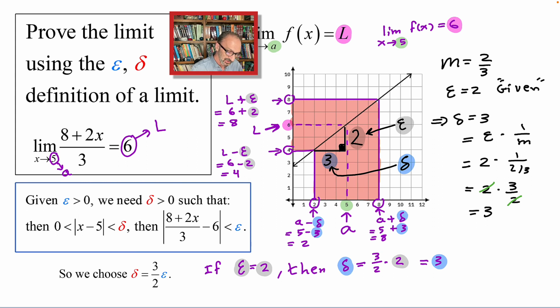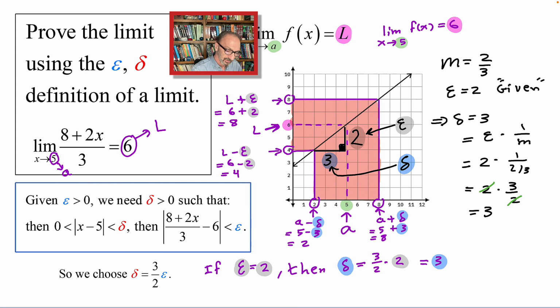3 over 2 is not the slope, it's the reciprocal of the slope. And that says that delta is 1 over m times epsilon. 1 over 2/3 becomes 3 over 2, times 2, the 2 cancels, we end up with 3. Why do all this?